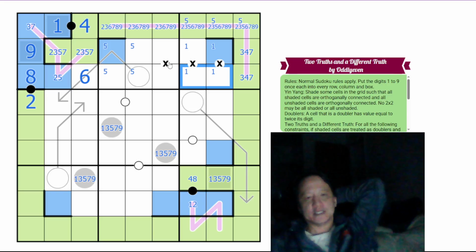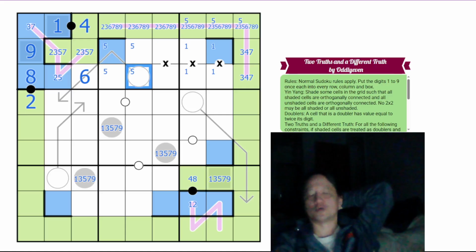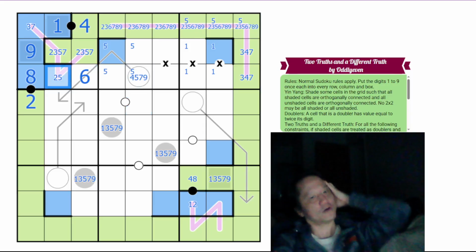This is at least a 6. It has to be valid sometime. So 6 plus 1 is at least 8, which is a minimum of 4 doubled. 4, 5, 7, 9, because it can't be 6 or 8 because of 6 or 8 in the row.